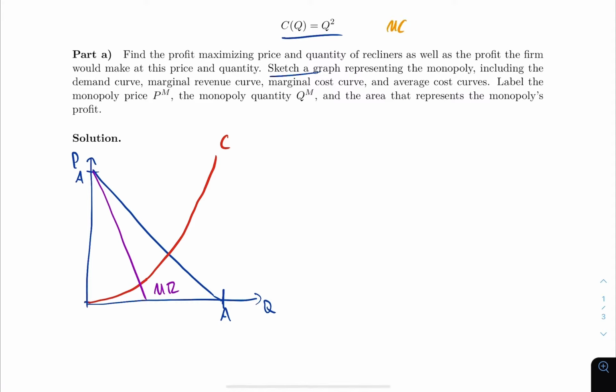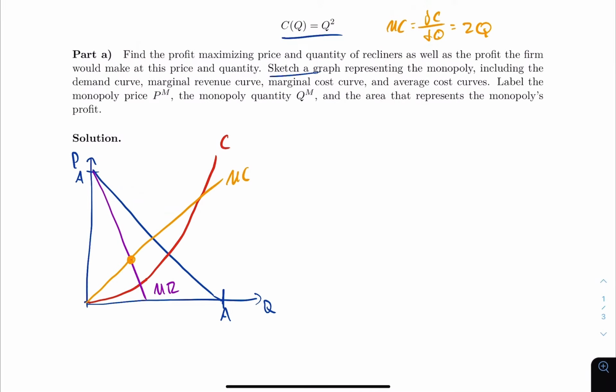So MC is equal to the derivative of the cost with respect to Q, which just comes out to be 2Q. So here, that's just linear. That looks like something like this.